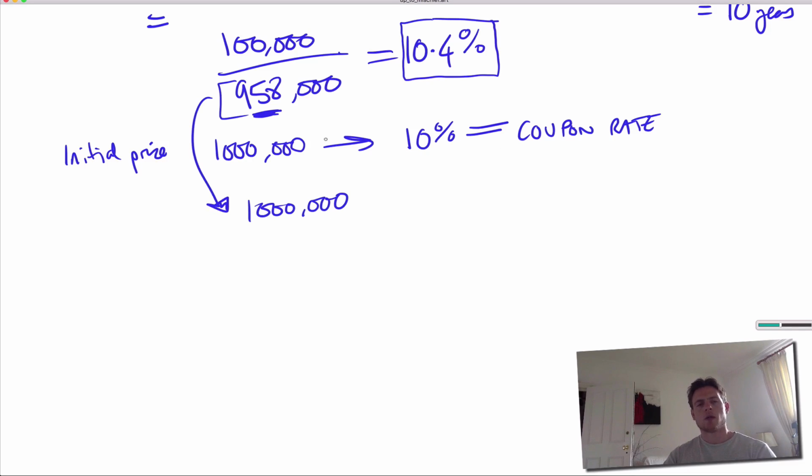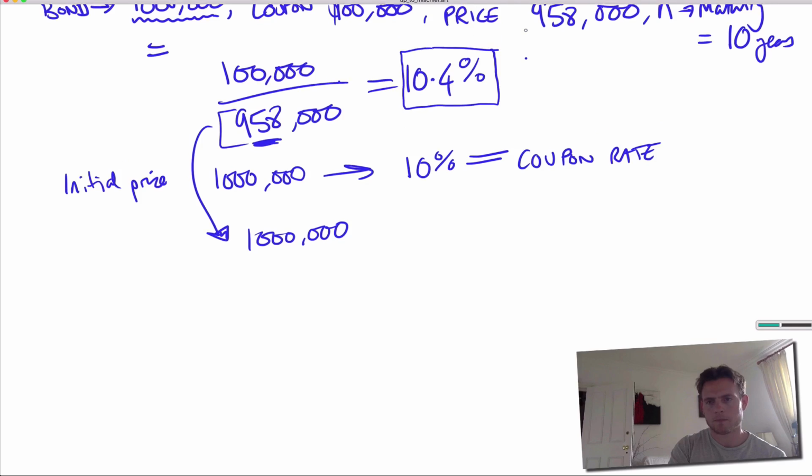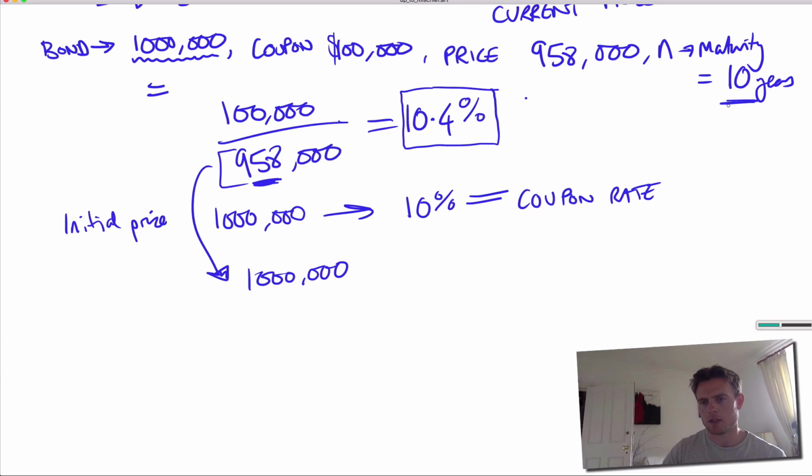So we need a slightly more accurate way to reflect what will be my return on this bond if I buy it and then hold it all the way till the end, till I get the principal back and I collect all the coupon payments between now and then, and also get the principal back in, we said, 10 years. Maturity is 10 years.